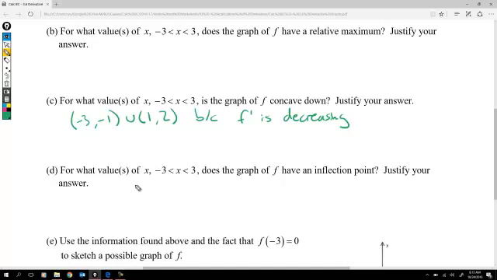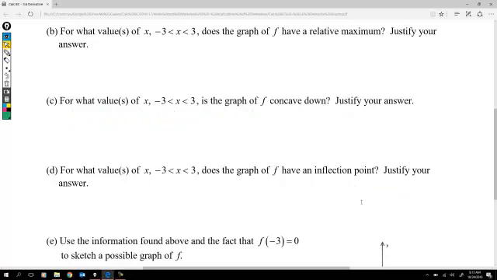All right, next one. They ask me when the graph of f has an inflection point. Okay, so that's going to be when f prime changes from increasing to decreasing or decreasing to increasing. Okay, so that's what I'm going to be looking for here.